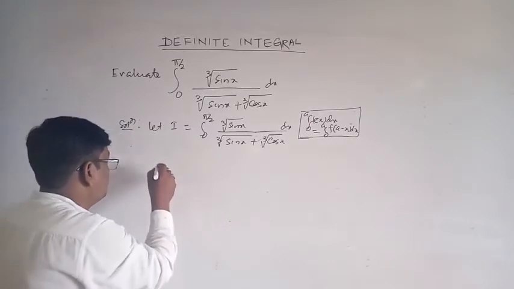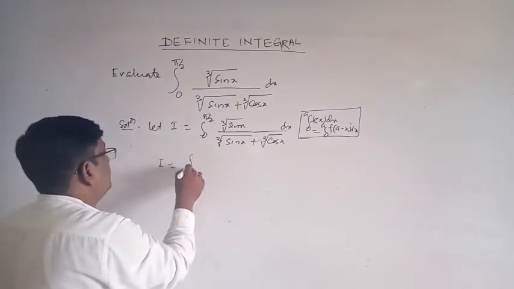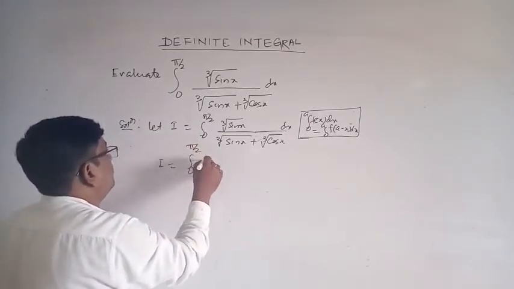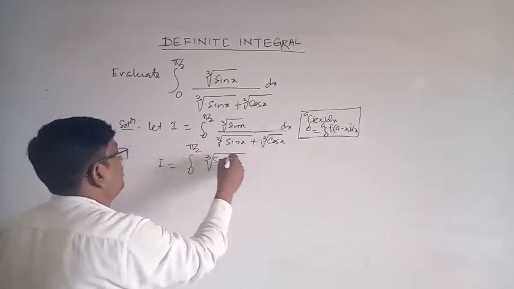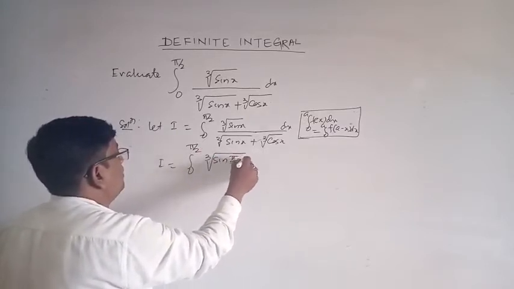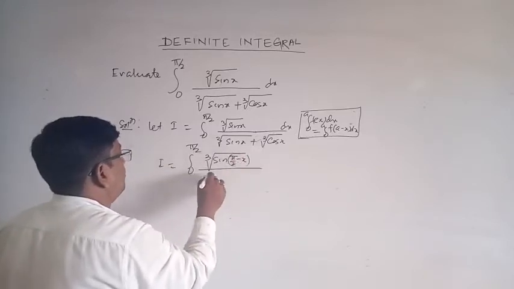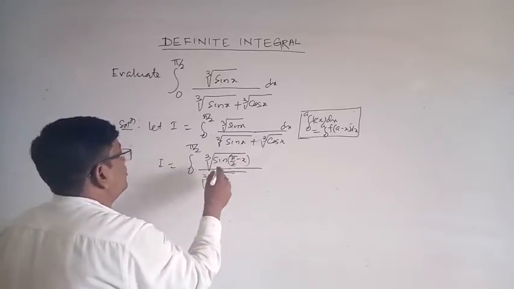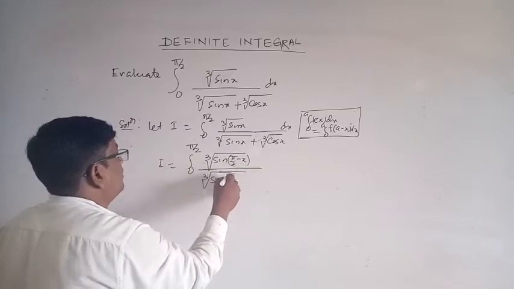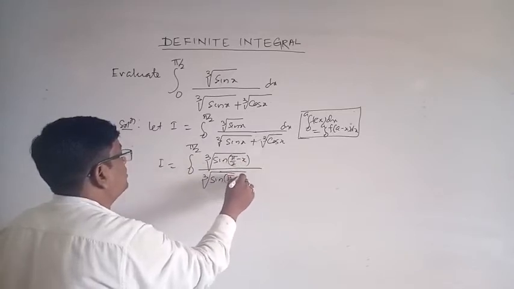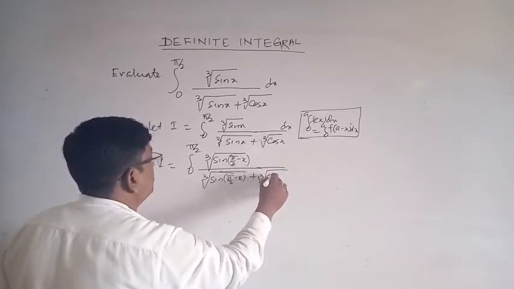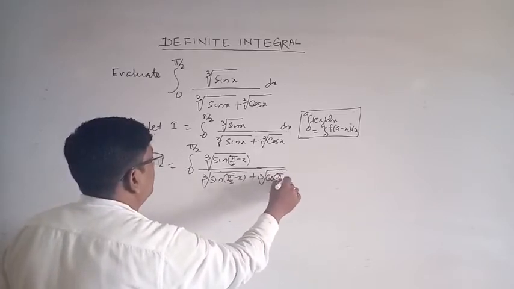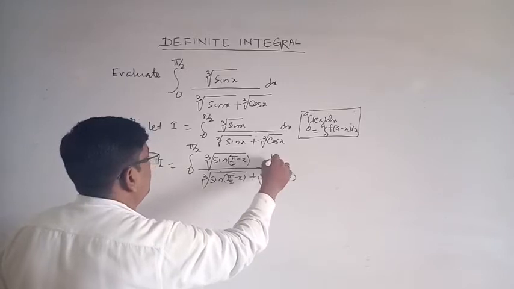So I is equal to the integral from 0 to pi by 2 of cube root of sin of pi by 2 minus x divided by cube root of sin of pi by 2 minus x plus cube root of cos of pi by 2 minus x dx.